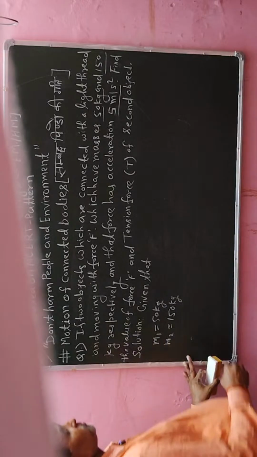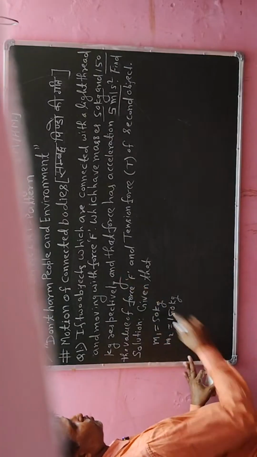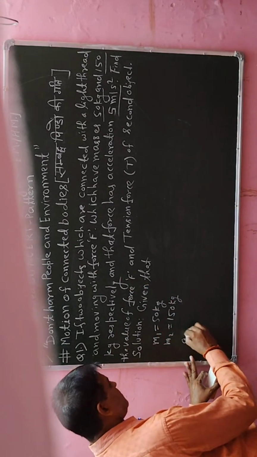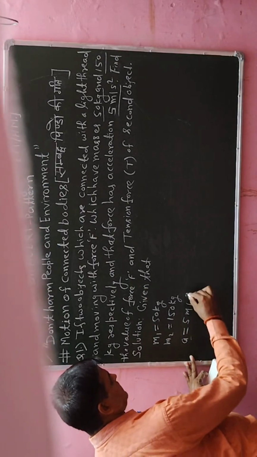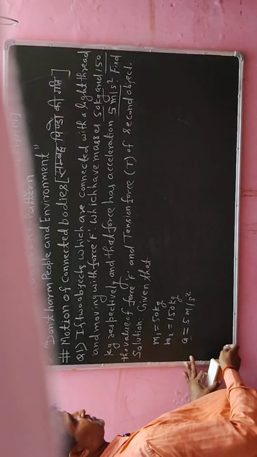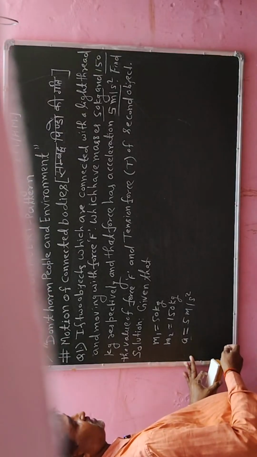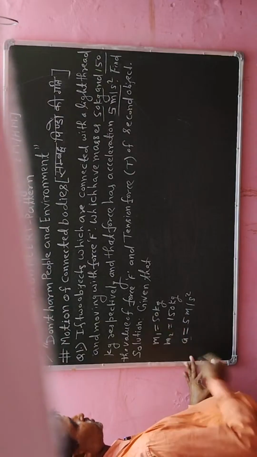Both objects are moving with an acceleration a whose value is 5 meter per second square. So this information is available in question number 1.